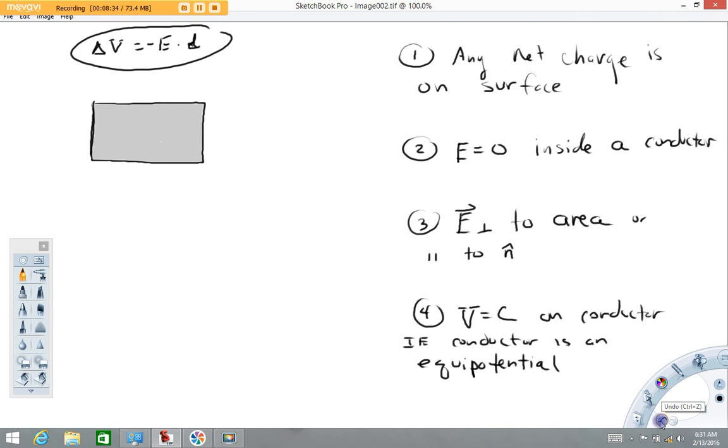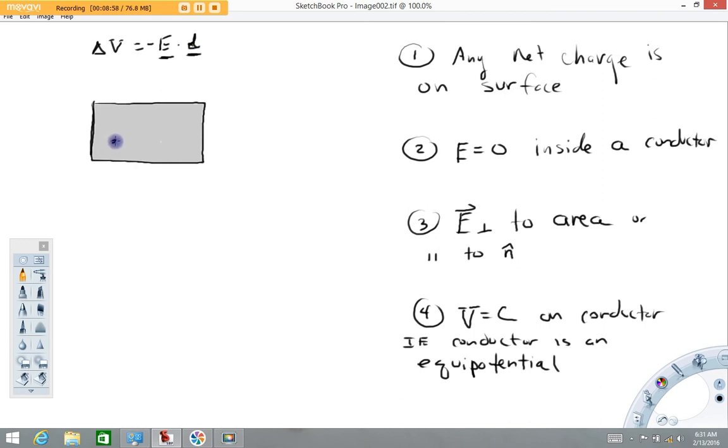The big thing is that to change potential, you have to have an electric field, and you have to move some distance with the field. Just like in my cup example, when my cup moved down with the gravitational field, I went down in potential. When the cup moved up, I went up in potential. Cup moves left or right, no change in potential. Right?